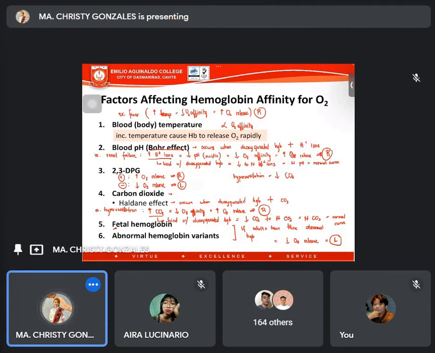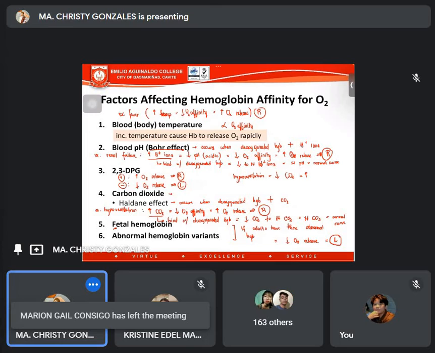So, na-exhale natin ng na-exhale ang carbon dioxide. So, if that happens, what will be the result to your pH? So, carbon dioxide is lost. There will be increased blood pH.